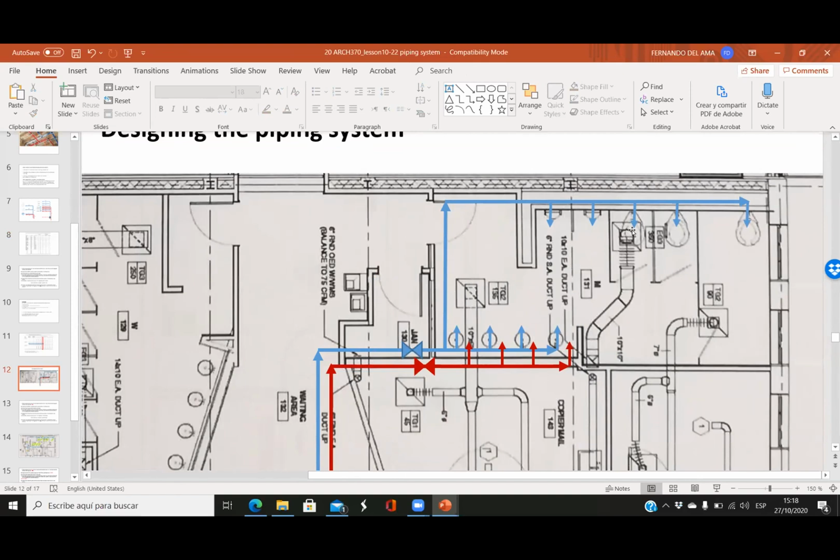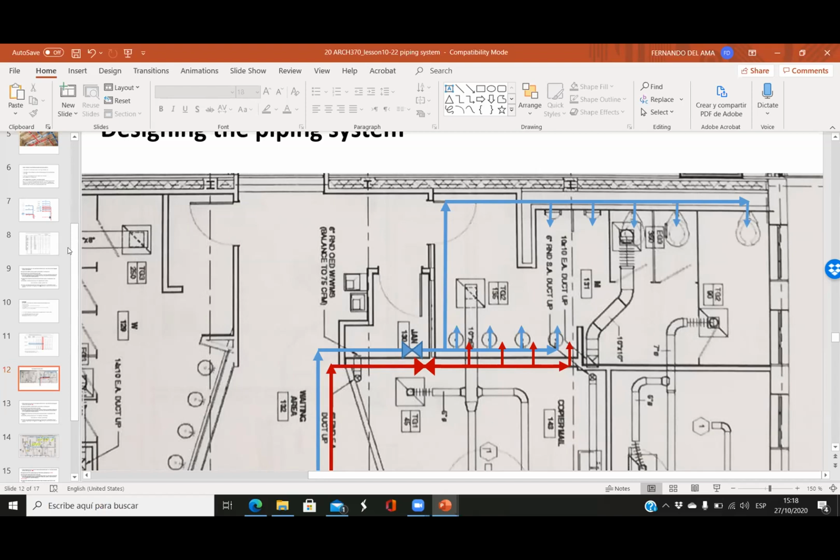So there are 1, 2, 3 toilets. Let me write it down. 3 toilets. We have 2 urinals and 1, 2, 3, 4 sinks. Okay, so this is it.